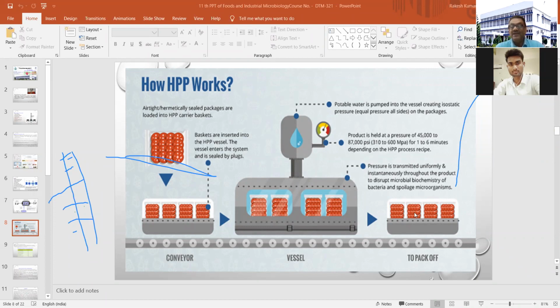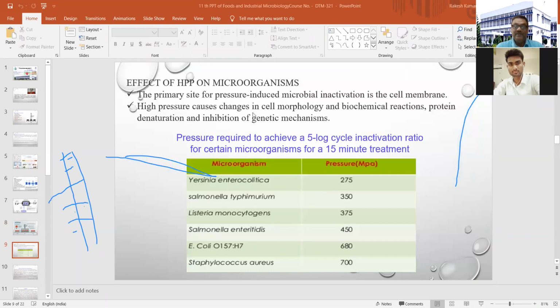And ultimately, the packed product will come out from the processing vessel. So just by doing this, you can get a product, and whatever natural things are there inside that food item will remain present in your product after this type of treatment.